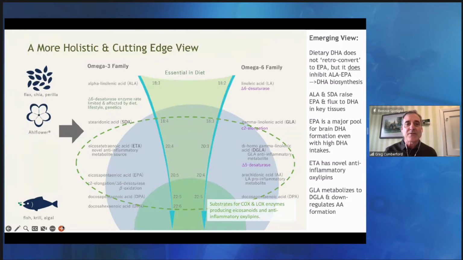A more holistic, and I would say cutting edge view, is one that recognizes that there's this whole family of omega-3 and omega-6 fatty acids that start out with the essential ALA and linoleic acid, but which then present to our cells in a much more complex and nuanced way, where these fatty acids are all serving in functional roles, and they're all providing substrates for these cyclooxygenase and lipoxygenase enzymes that are then producing these important signaling mediators that are supporting anti-inflammatory effects in many ways, sometimes very necessary and important pro-inflammatory effects.